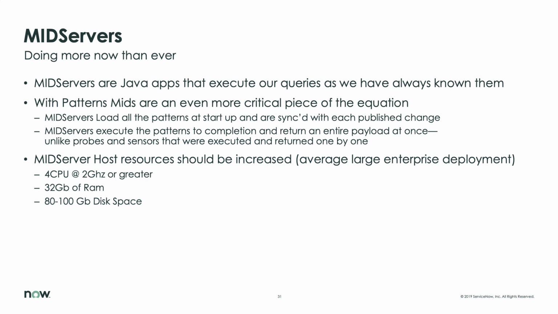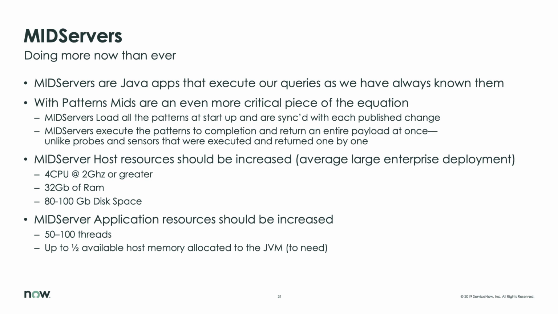If they're already running fine, at less than 50% memory and CPU utilization, then I would say have a go at patterns and then watch. After you run your full discoveries with patterns, watch to be sure whether I may need more resources or my resources are still on point. But our PS friends are saying this is what they're recommending nowadays when you're looking at a large enterprise deployment. So you can use this as a rule of thumb.